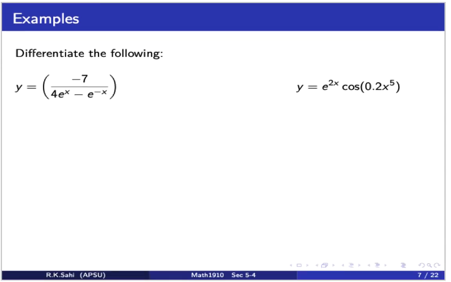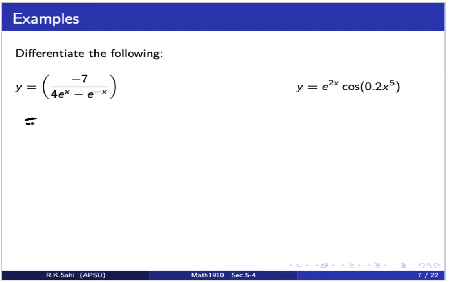Okay, guys. Now let's look at this problem. You have a rational expression, but the exponentials are in the denominator. Either you can apply the quotient rule, or you can go ahead and change this to a product. Take the denominator to the numerator, and then you can have this as a chain rule. I would prefer doing that.